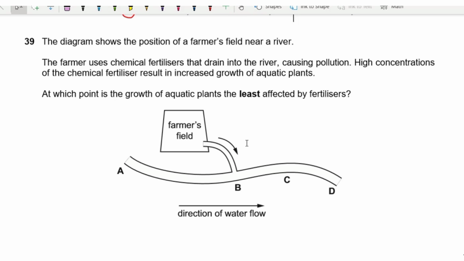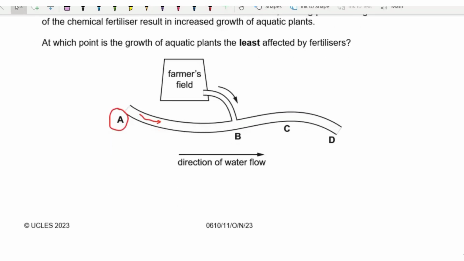The one at A is also flowing in this direction. So definitely at point B we have the highest concentration of the fertilizer. C will follow, D will follow, but the one with the least amount will be A, because there is no point in time where the fertilizer is flowing backward. Alright, so at option A we have the least amount of fertilizer deposit.